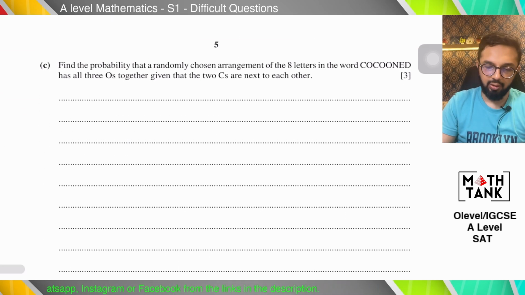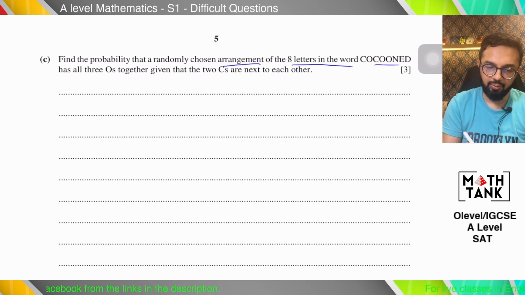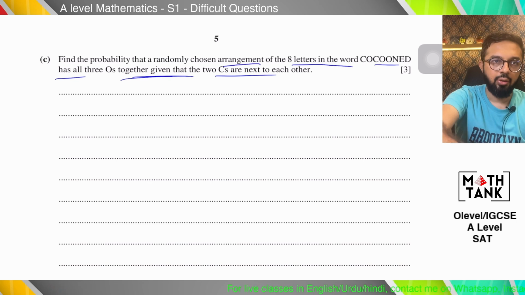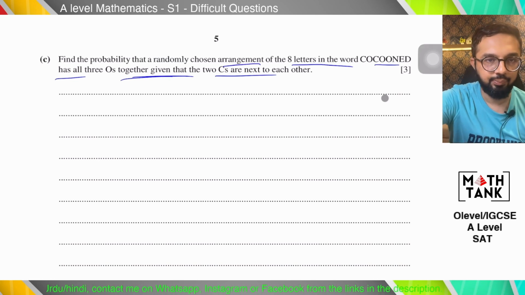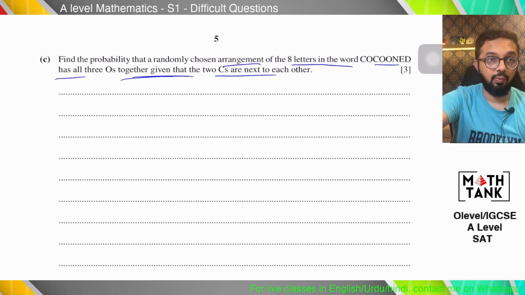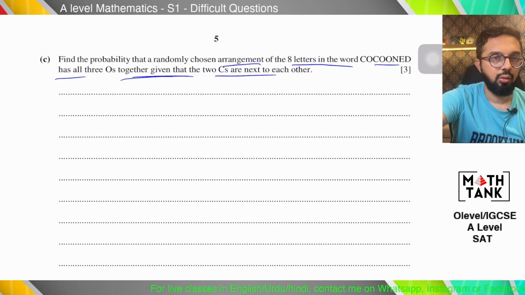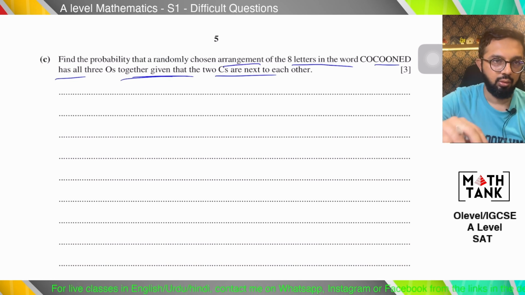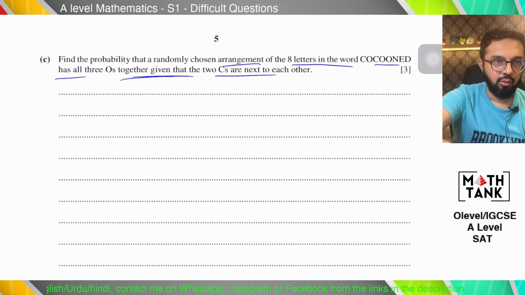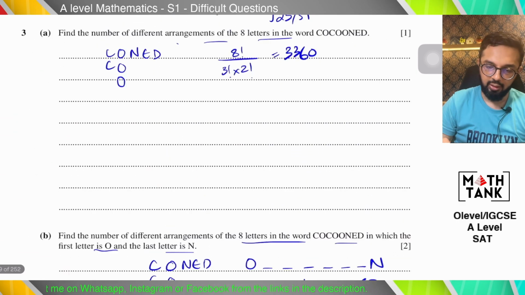Then we have, find the probability that a randomly chosen arrangement of the 8 letters in the word cocooned has all three O's together, given that 2 C's are next to each other. Okay, let me just open up the marking scheme to verify that you've done the other parts correctly. 180 and 3360.